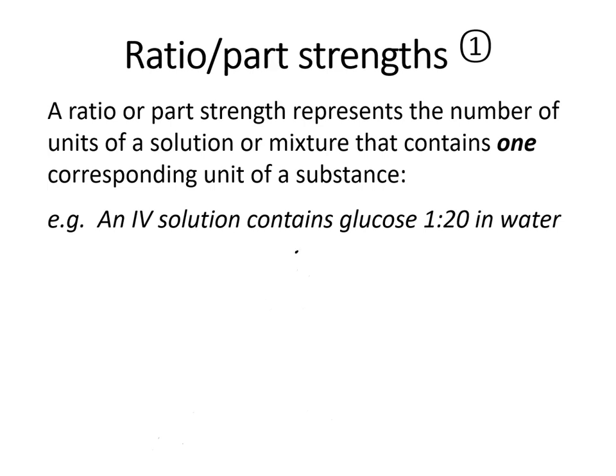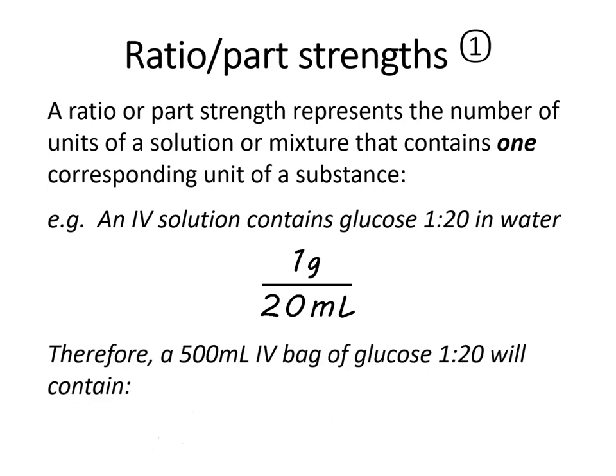Applying appropriate units, we could say that this is equivalent to 1 gram in 20 milliliters, glucose being a solid ingredient. And once again, we could use straightforward multiplication to calculate how much glucose is contained in a 500 milliliter IV bag, 1 part in 20. 1 gram over 20 milliliters times 500 milliliters to give us a final value of 25 grams.